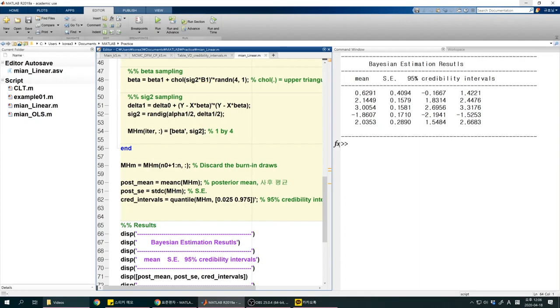The command is prior posterior plot. This is a function created by myself, and I'm going to upload this file to the Blackboard.